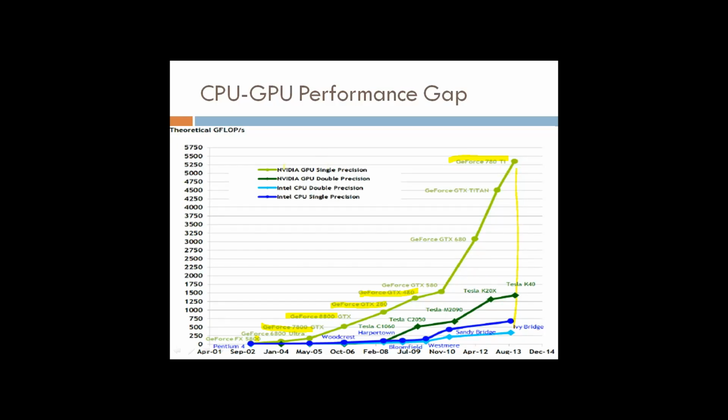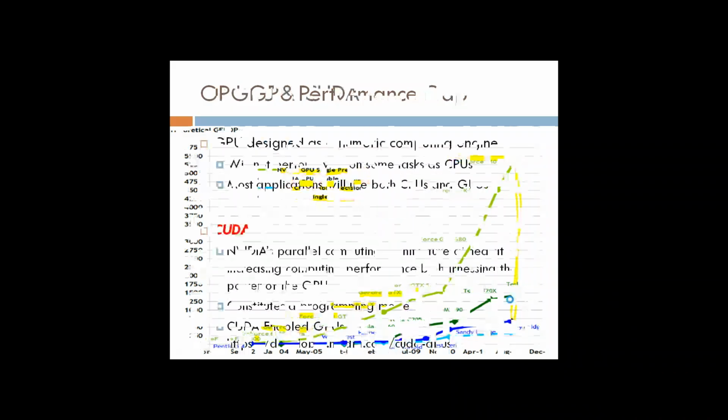This is the graph of NVIDIA GPU single precision and double precision, Intel CPU double precision, and Intel CPU single precision. It gives an idea of how much the performance difference is between GPU and CPU.